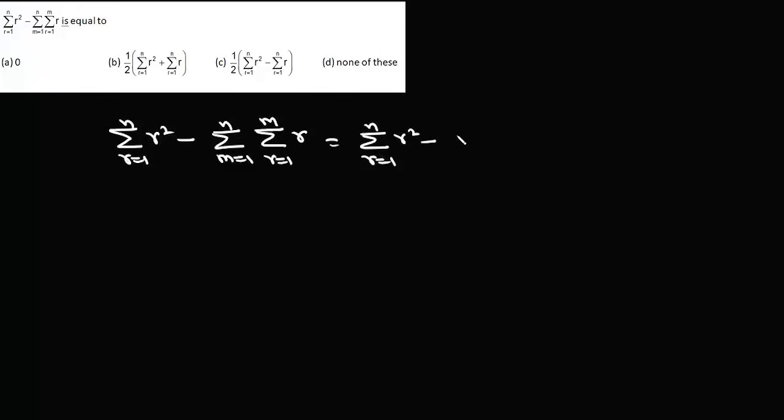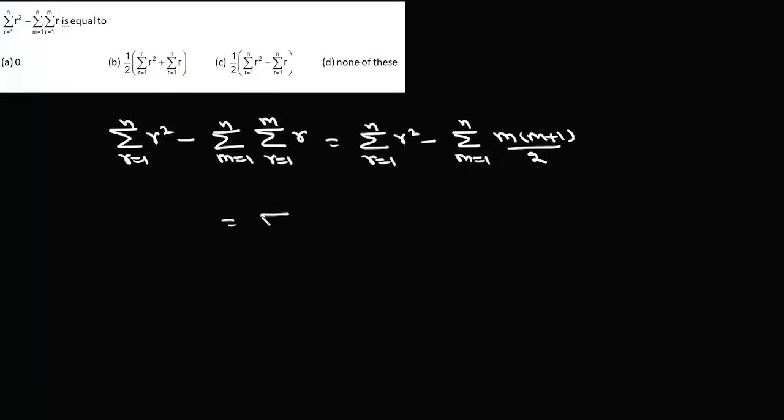Now the question is, we need to simplify this expression: summation r varies from 1 to n of r square, minus summation m varies from 1 to n of summation r varies from 1 to m of r. First we simplify the inner summation r. We can write summation r from 1 to n of r square, minus summation m from 1 to n of m square by 2 plus m by 2.